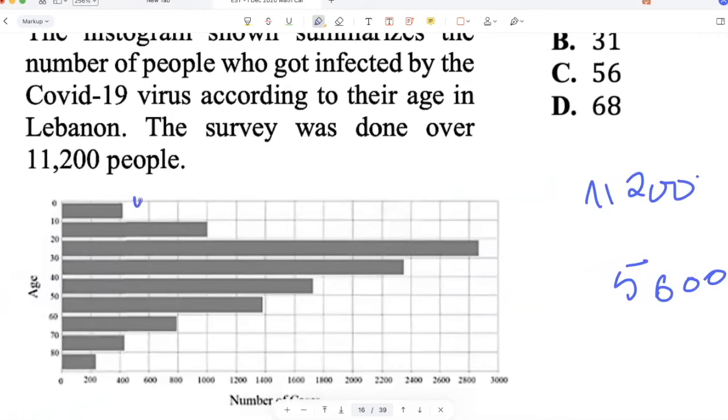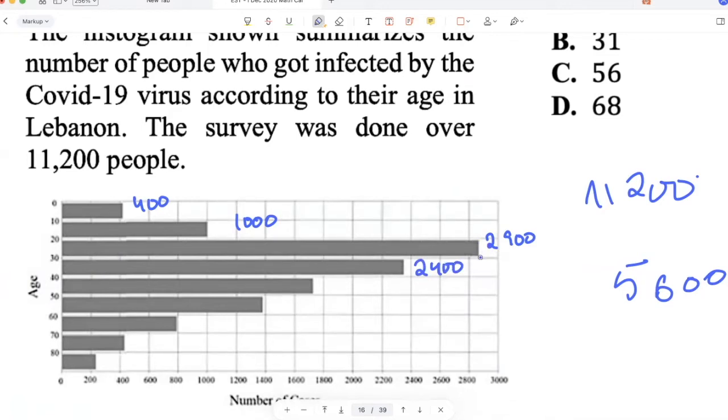So this is about 400. This is about 1,000. This is about, let's say, 2,900. Yeah, I can take this as 2,400 because I took this higher.